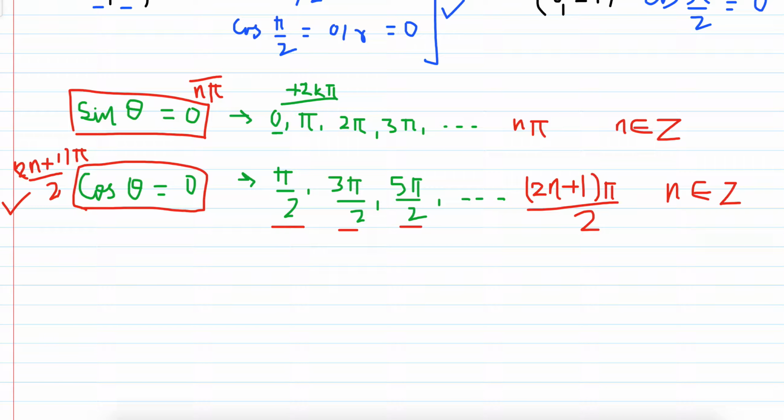So from sine theta we will now move to its reciprocal, that is cosec theta. Cosec theta is equal to 1 upon sine theta.